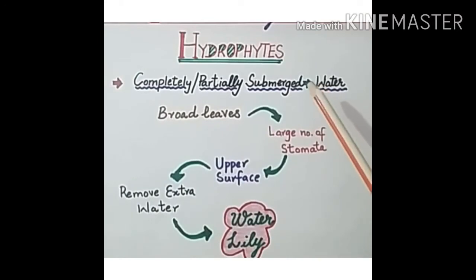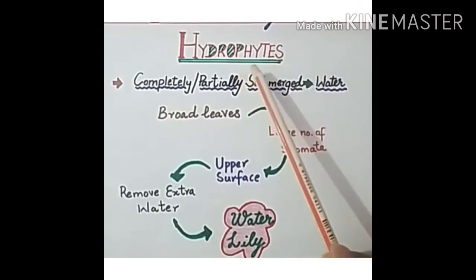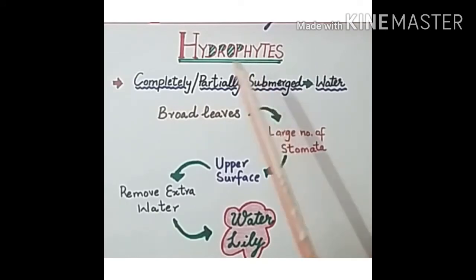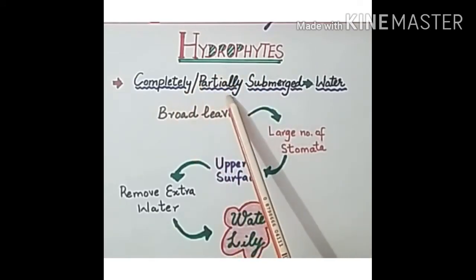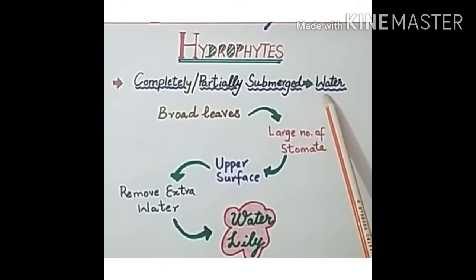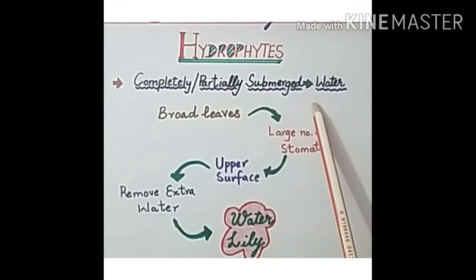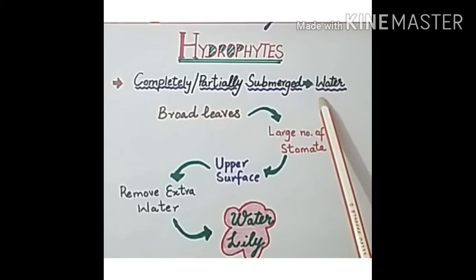Students, the first type of plants we are discussing today is hydrophyte. Hydrophytes are the types of plants which are completely or partially submerged in water. They are adapted to an environment which is having plenty of water. That's why they do not face the problem of shortage of water.